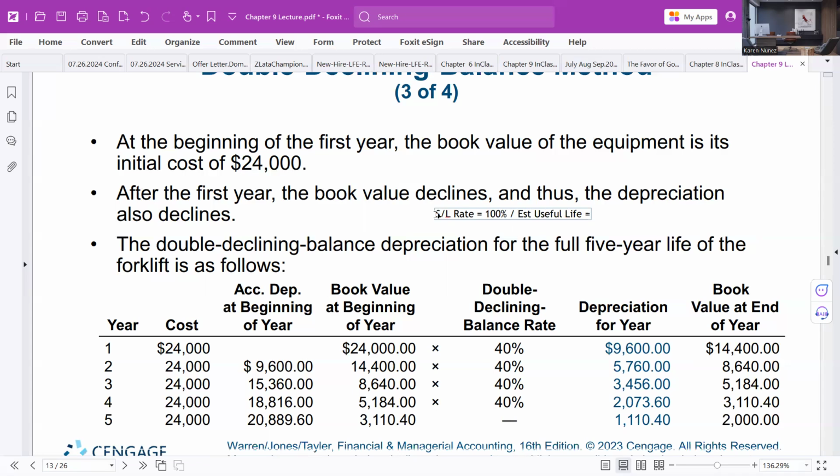So in this case, we've got 100%, and we're going to divide it by 5 years because it's got a 5-year useful life. So the straight line rate is 20%.